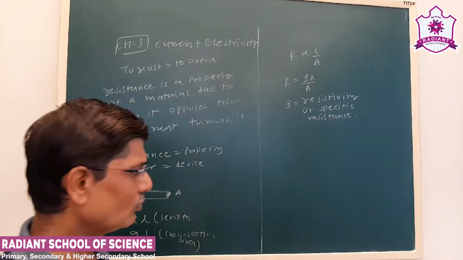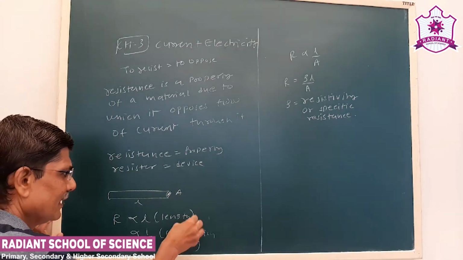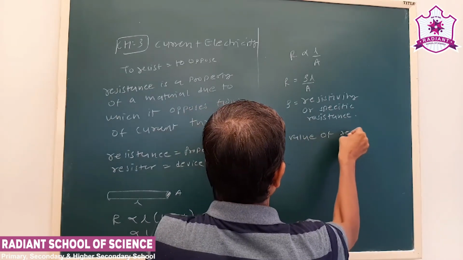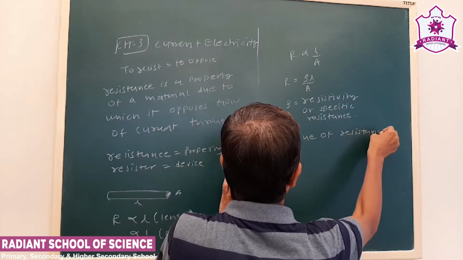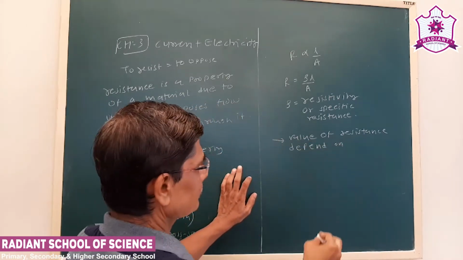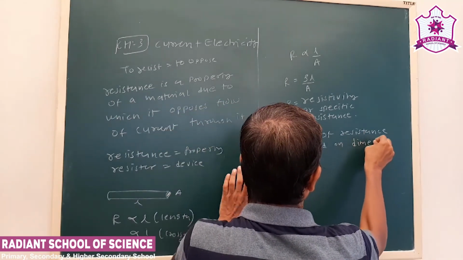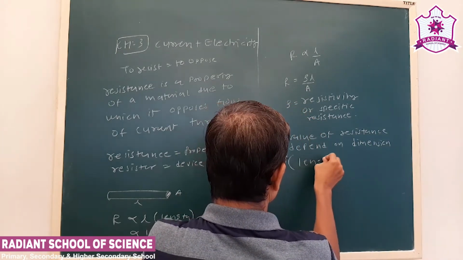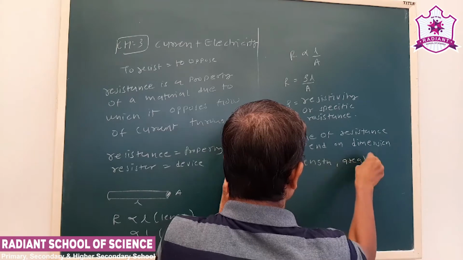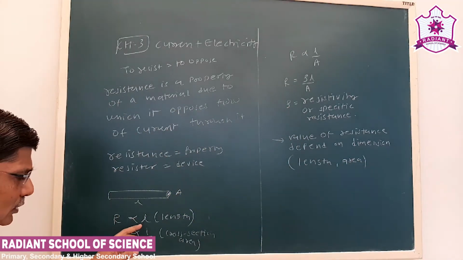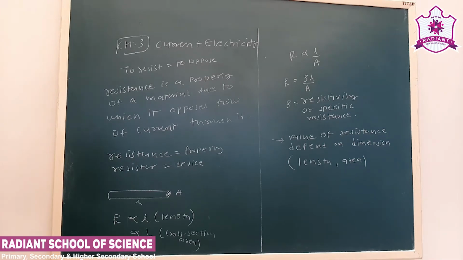Okay. Now what we have seen, the value of the resistance depends on dimension. Okay, that is length and area. So resistance is proportional to length, it is inversely proportional to the cross section area.